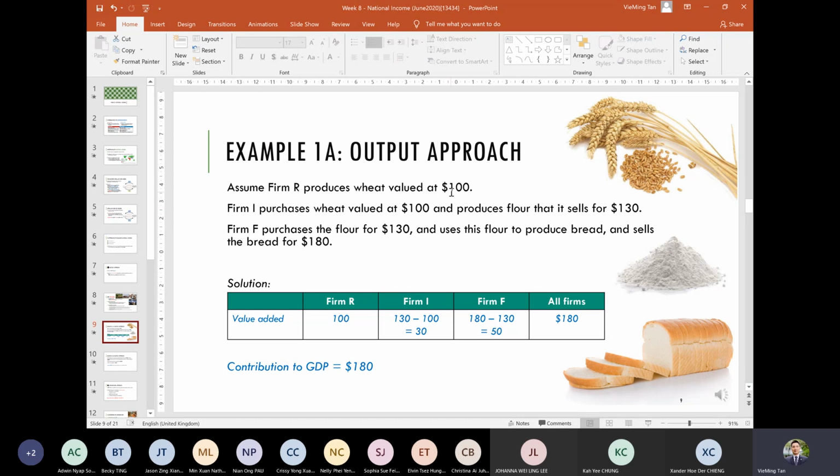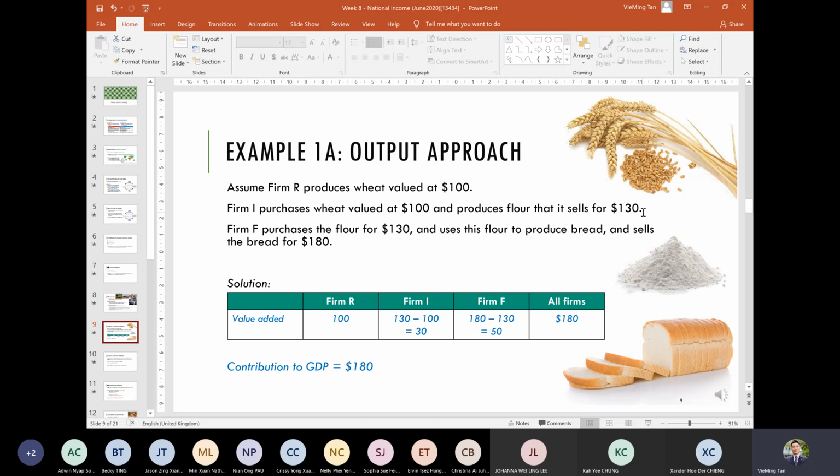Firm I purchases the wheat from firm R at 100 and produces flour that it sells for $130.